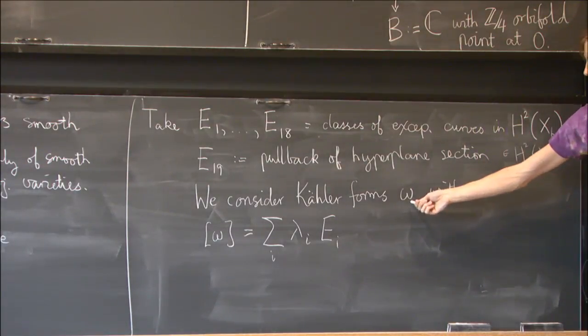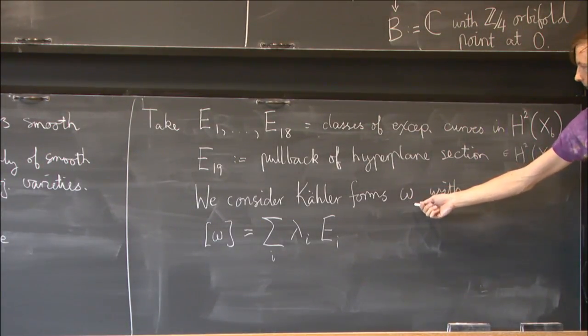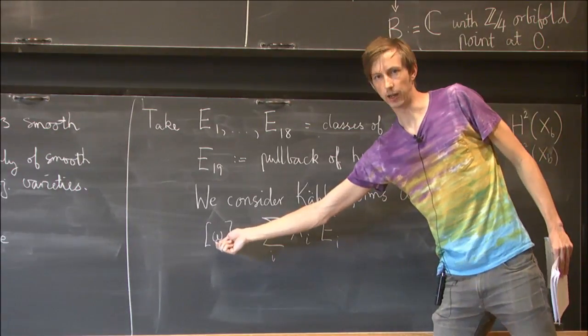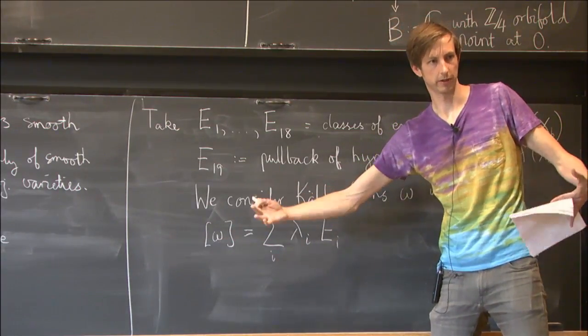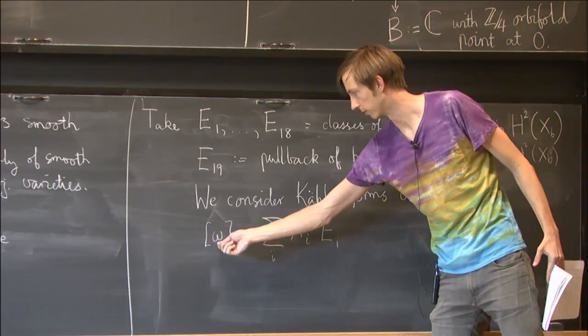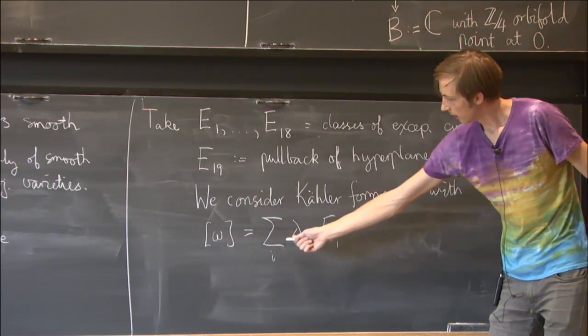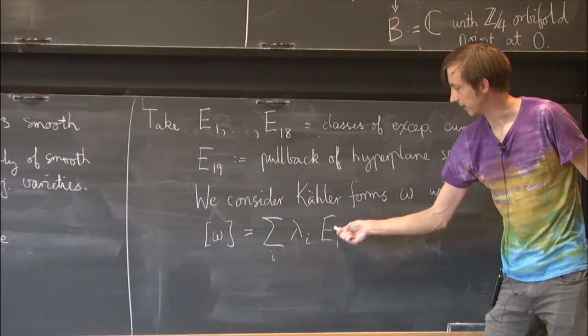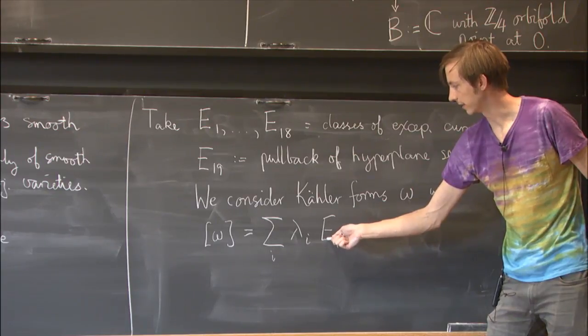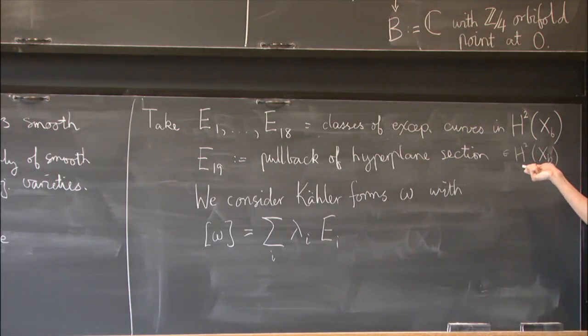And we're going to look at Kähler forms omega so that the cohomology class, this is a closed 2-form, so it defines a class in de Rham cohomology, is some linear combination of these 19 classes I've defined in H2.